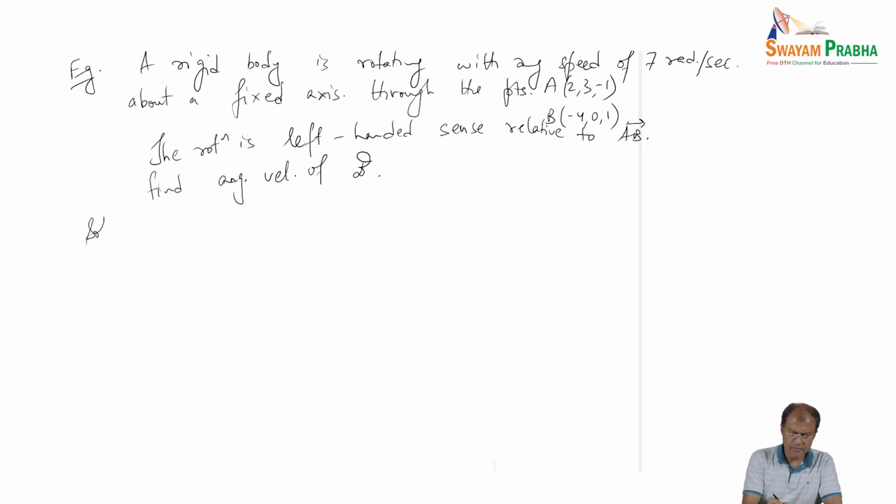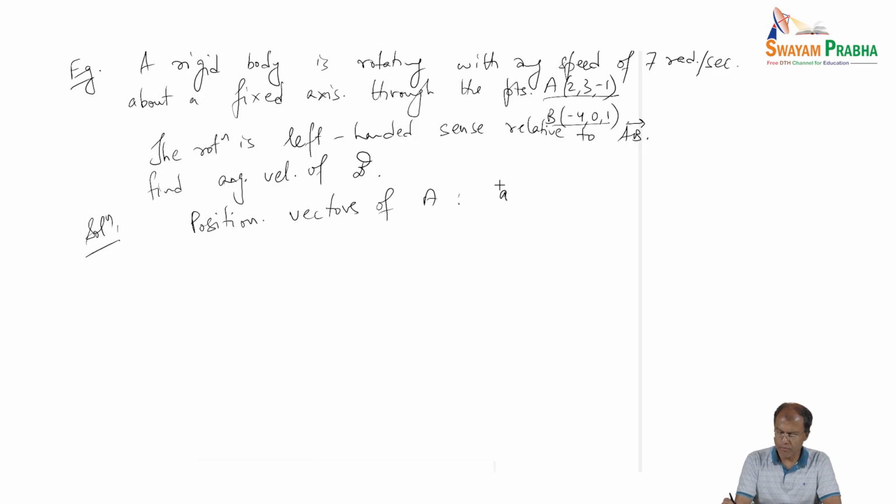So we are given 2 points. We can write down the position vectors of the points in the IJK form. The position vector of A, small a, is 2i plus 3j minus k, and B is -4i plus k.